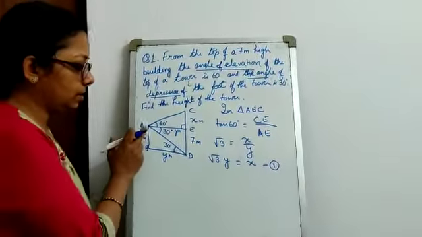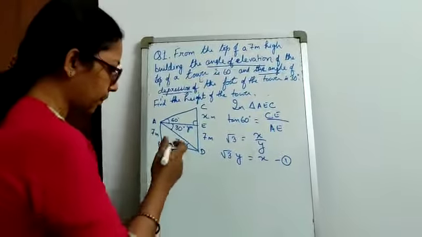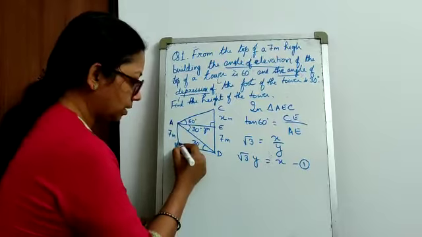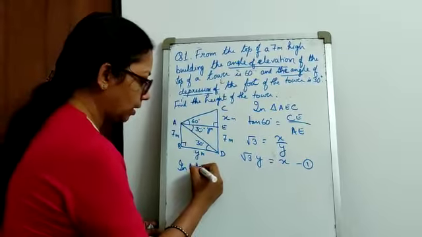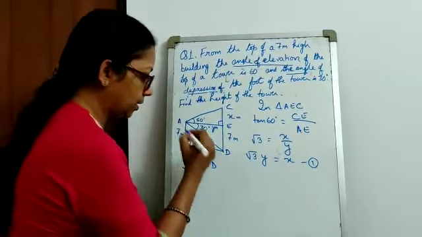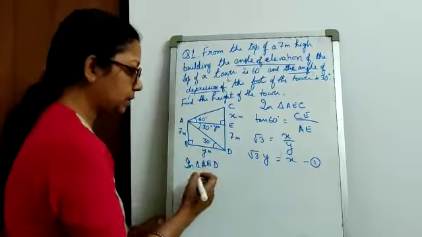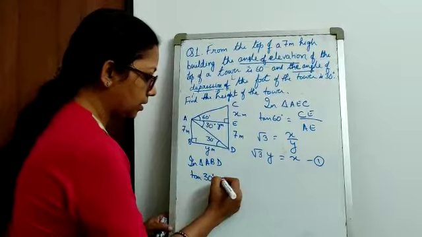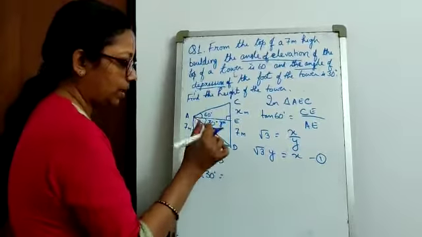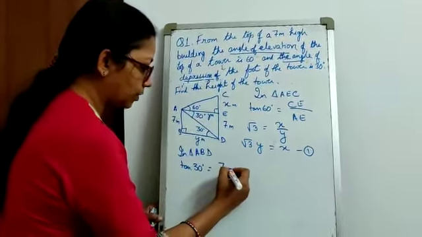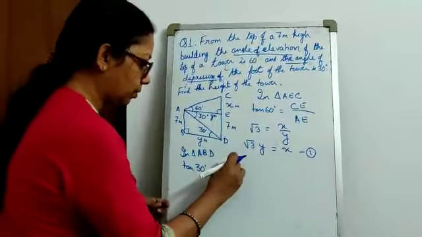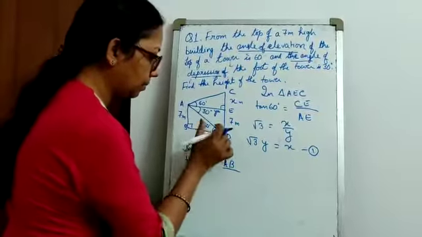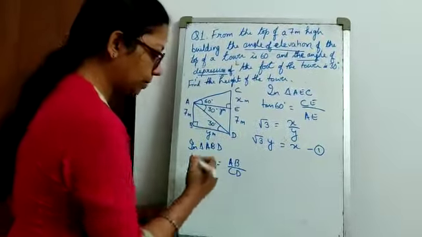Now we'll take the triangle ABD, right angled at B. In triangle ABD, tan 30 degree is equal to perpendicular by base. As per the figure, that is AB by BD, which is the base.